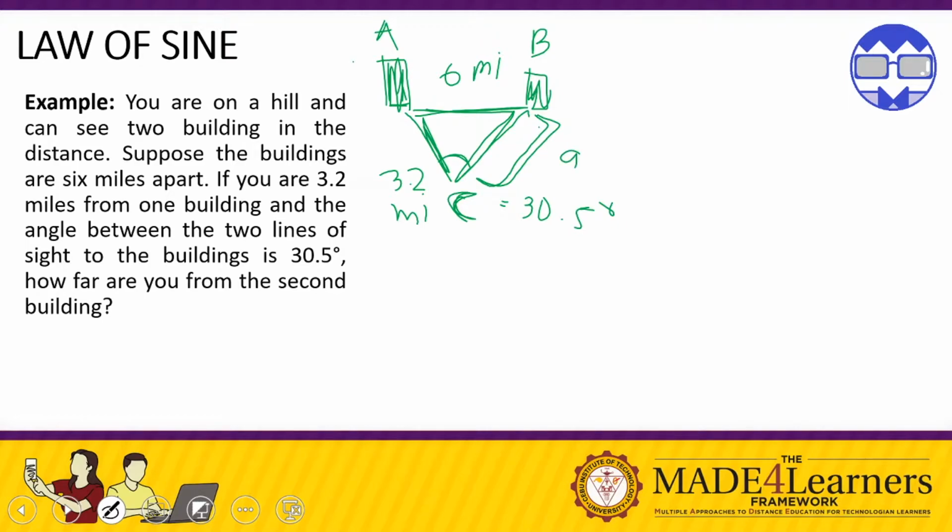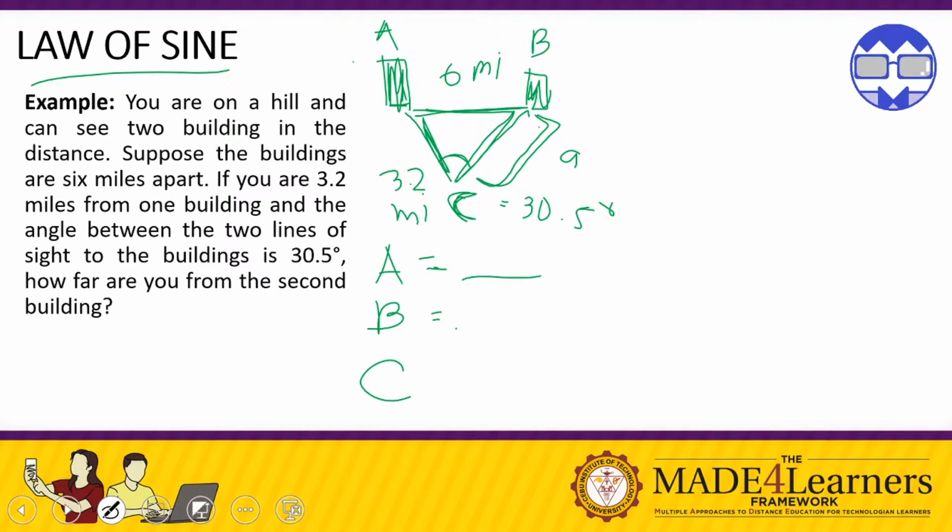Okay, so if it's using law of sines, of course, it's not indicated in the problem that this is a right triangle. There are no elements stating that the triangle is a right triangle. So for sure this is an oblique triangle. Hence, we will list down the elements first. For A, it's unknown.